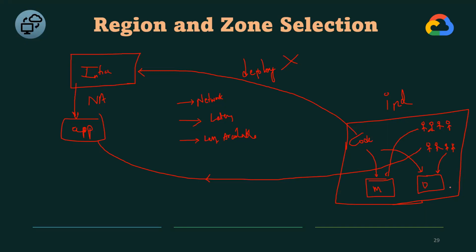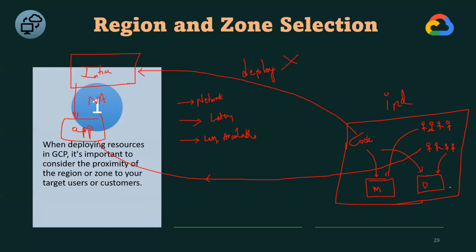So this is what we call the first selection criteria. When deploying resources in GCP, it is important to consider the proximity of the region or zone to your target users or customers.